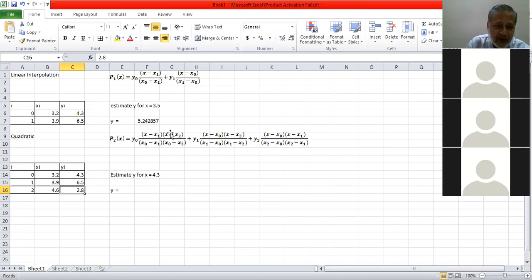So we have to keep track of extra factors, and we have to write down the whole formula again, and we cannot use this value, which is obtained from linear interpolation. We have to use the complete formula. So let us see the complete formula is used as what? Y naught.